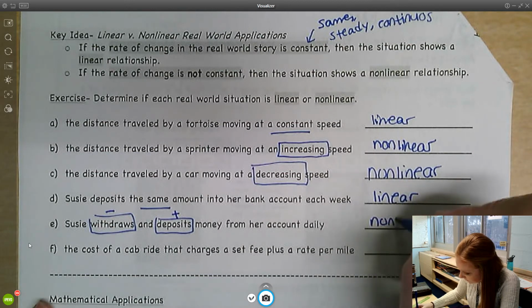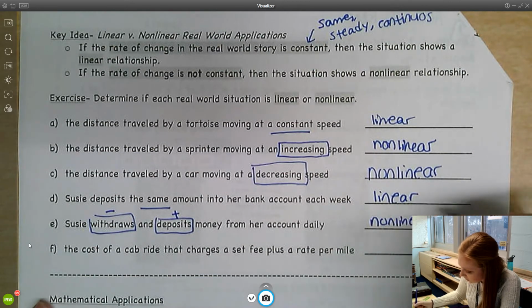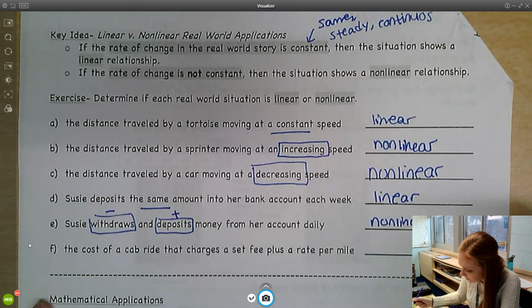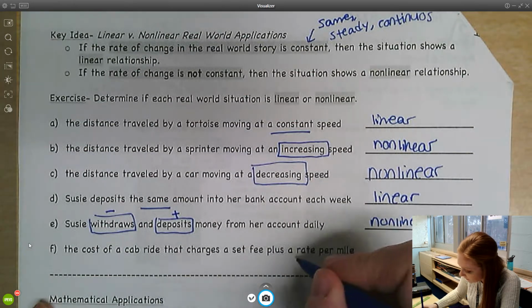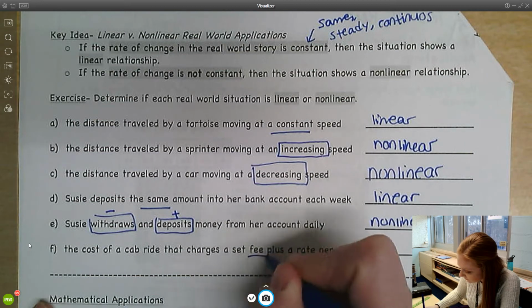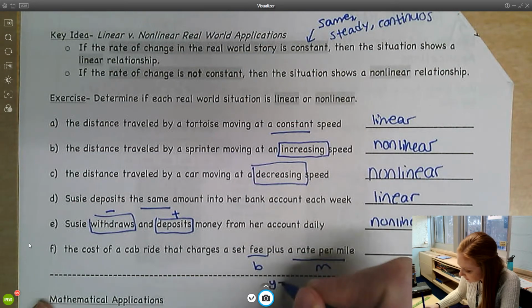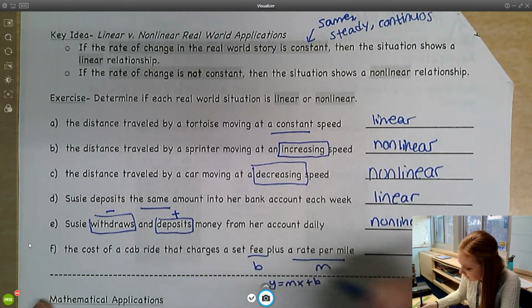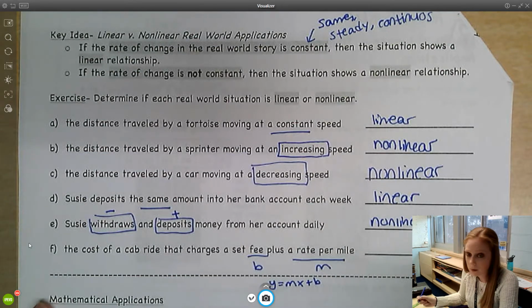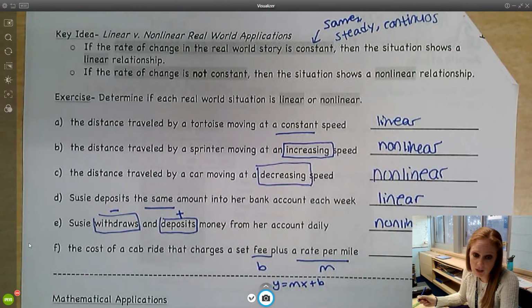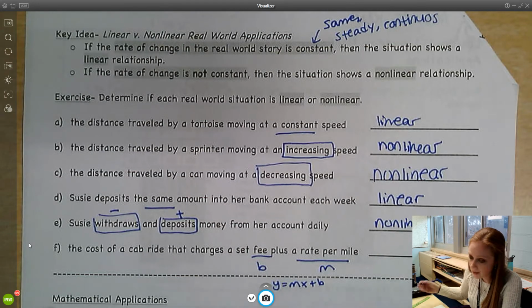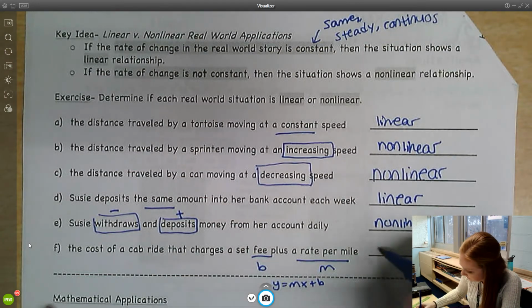Nonlinear. The cost of a cab ride that charges a flat fee plus a rate per mile. So per mile, that's going to be like our slope, and this fee would be our b when we did y equals mx plus b. This is going to be a constant rate of change, a constant slope. It's that same rate per mile added to that same fee.